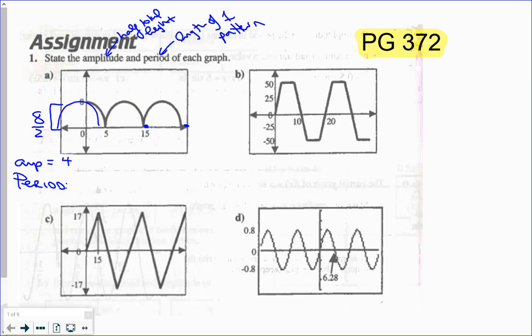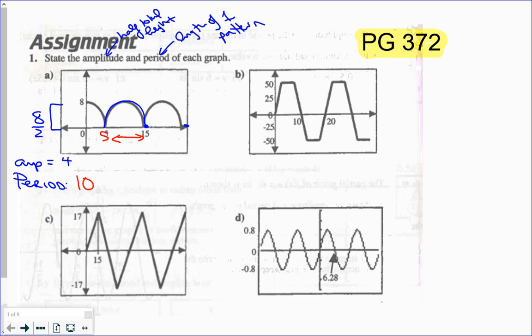If I go back, there's the next pattern. So my pattern goes from 5 to 15. So the length of that is 10. Now, if this x-axis had units, so let's say this was seconds, then you would write 10 seconds. You'd write whatever units there are on the x-axis.